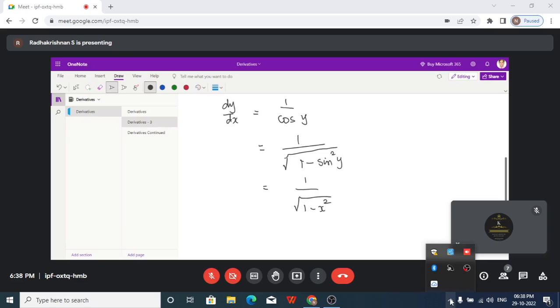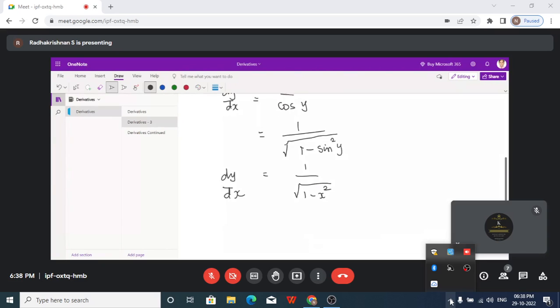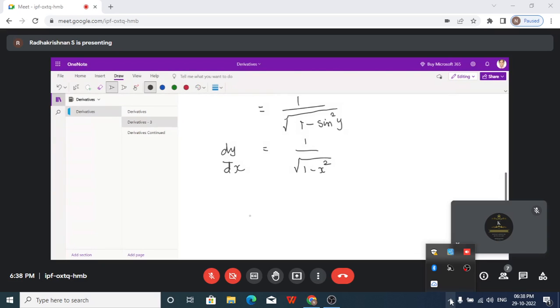So dy by dx of sine inverse of x is equal to 1 by square root of 1 minus x square. Okay, so remember that. Next, let's do for cos.